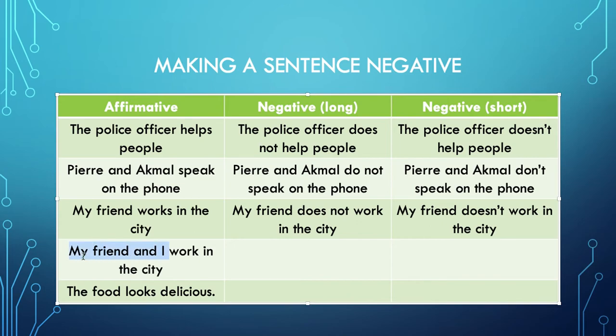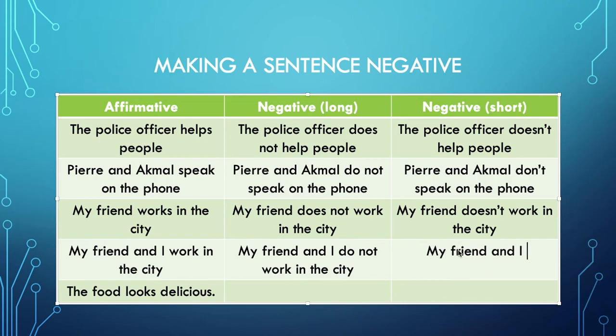Now here the subject is my friend and I. If it's my friend but also me, then this is like we. Okay, so for we, do we use does not or do not? Okay, so my friend and I do not work in the city. Okay, my friend and I don't work in the city.